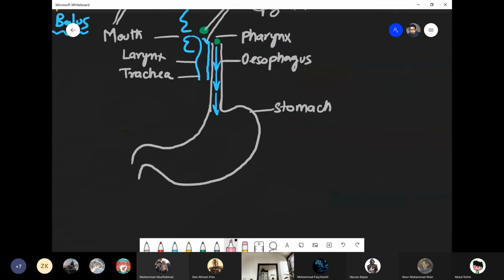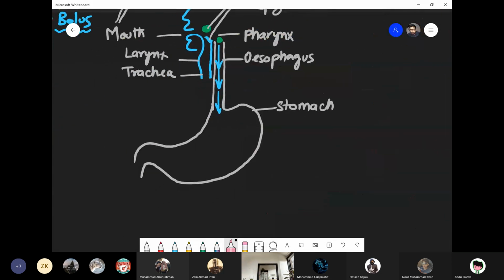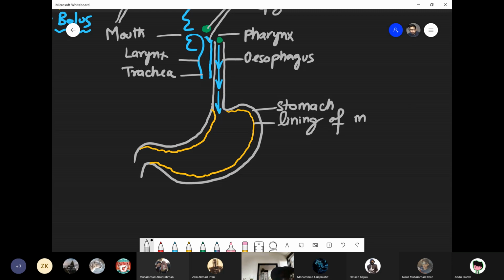We come back to this diagram. Now boys, this is the stomach. Now, inside the stomach over here, this is the lining of the mucus. Now, you will ask a question: sir, what is mucus?